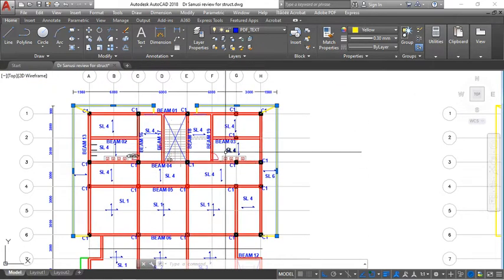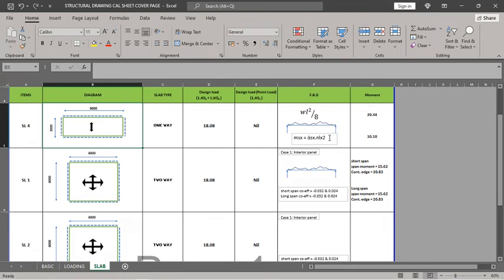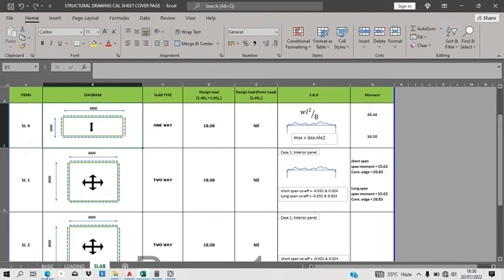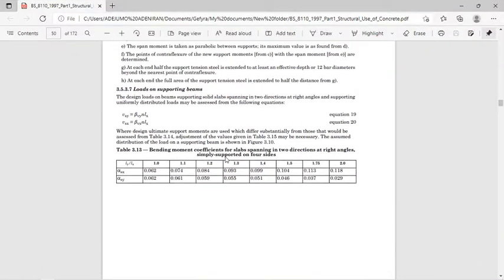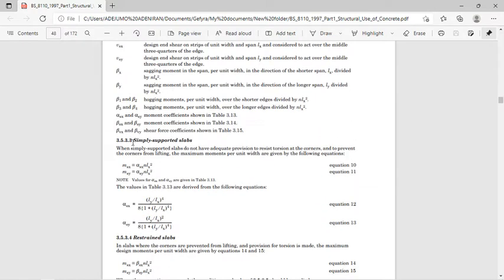It has adjoining slabs on all 4 sides. So by that, I can use this formula recommended in the code, BS 8110. This is it. So, bending moment coefficients for slab spanning in 2 directions at right angle, simply supported on the 4 edges. So I can safely use this coefficient based on what the code said when it comes to simply supported slabs.